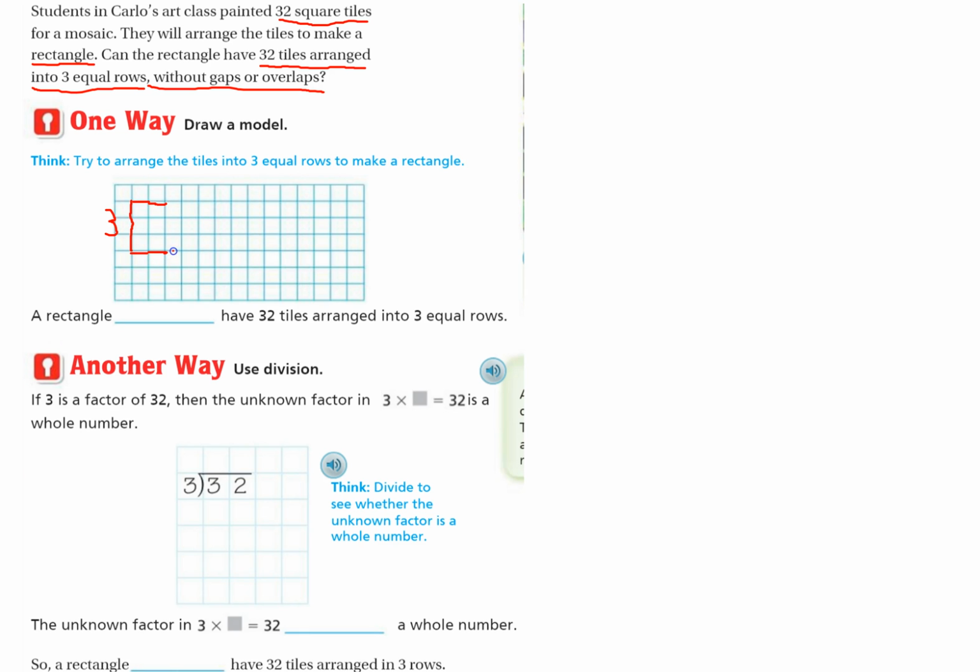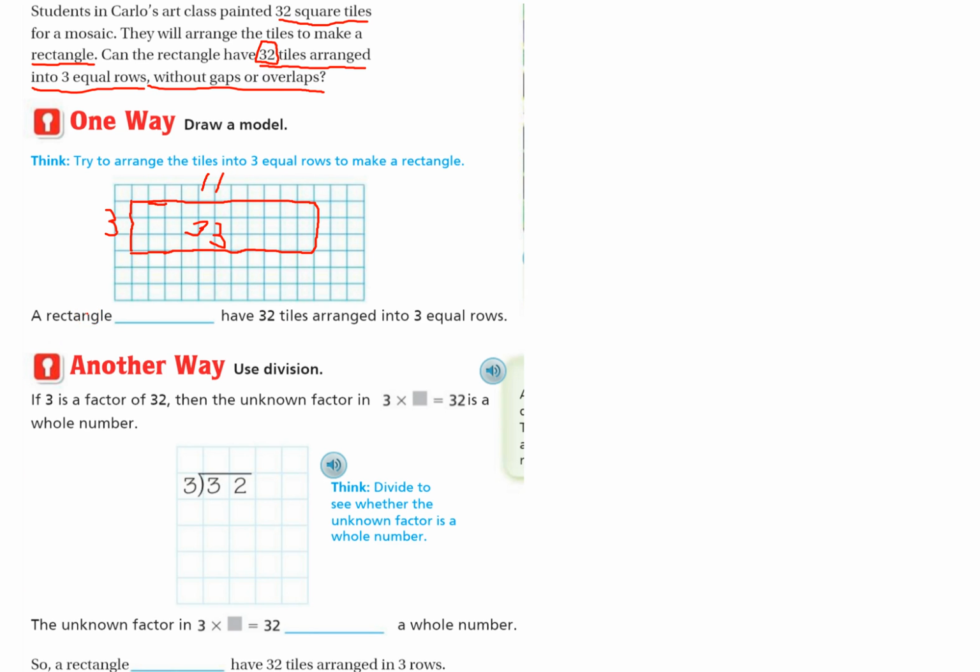So that's 3, 6, 9, 12, 15, 18, 21, 24, 27, 30, 33. So if I go all the way to here, I don't have 32. I have 3 by 11, which is 33, but I don't want 33. I wanted 32.